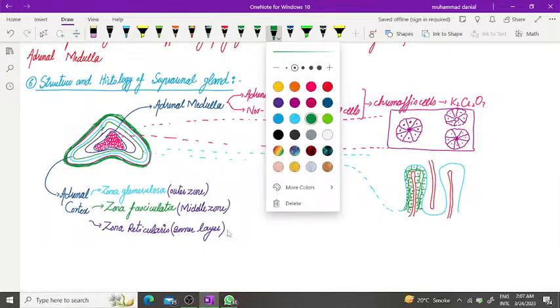These are cells, and these are capillaries.